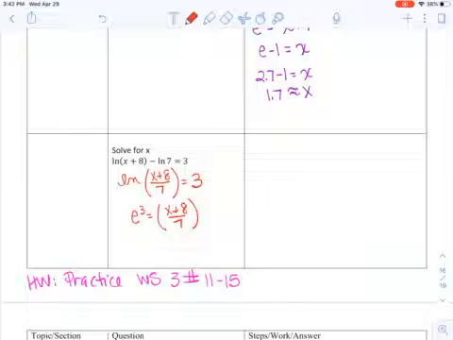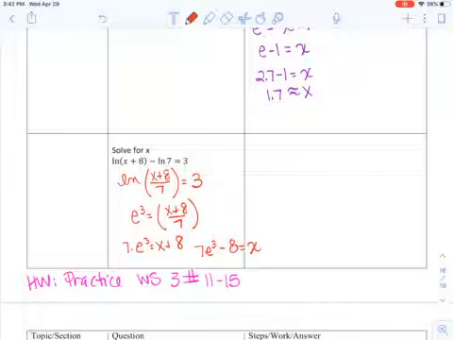And then, so again, how do you get x by itself? You're going to multiply both sides by 7. And then you're going to subtract 8. So I would have 7 times e to the third minus 8 equals x. And then if you want to get an answer, just plug that into your calculator and you're going to find out that x is about 132.6.